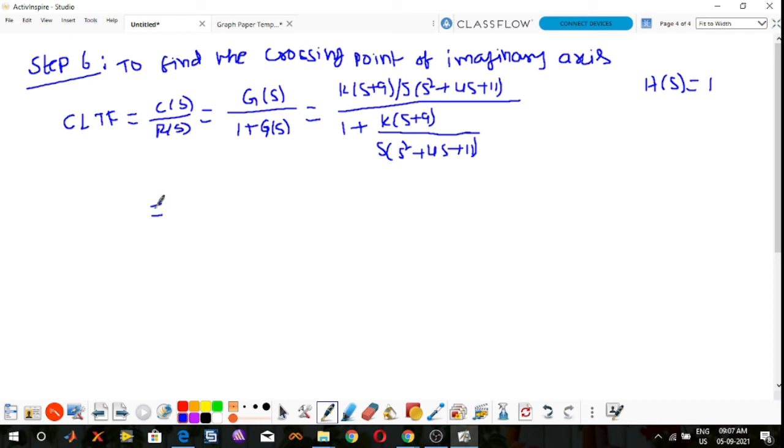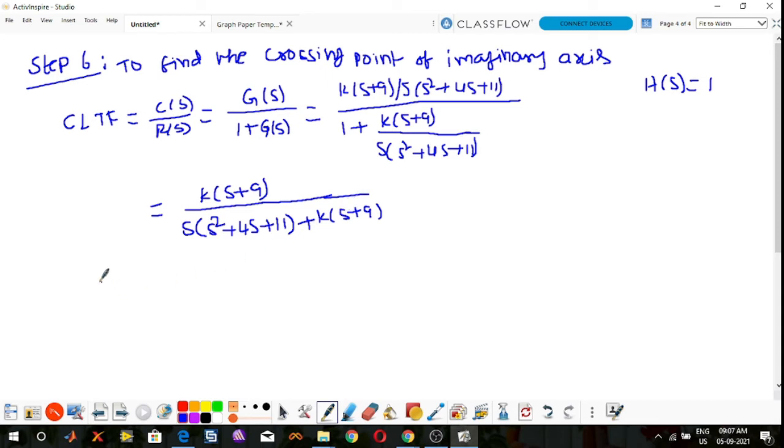We get the transfer function of the closed loop system as K into S plus 9 divided by S into S square plus 4S plus 11 plus K into S plus 9. So this is the closed loop transfer function.